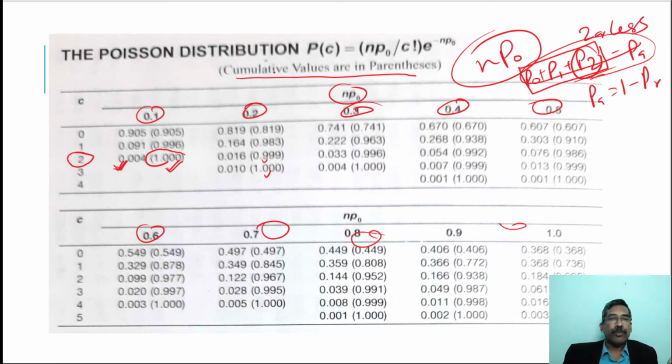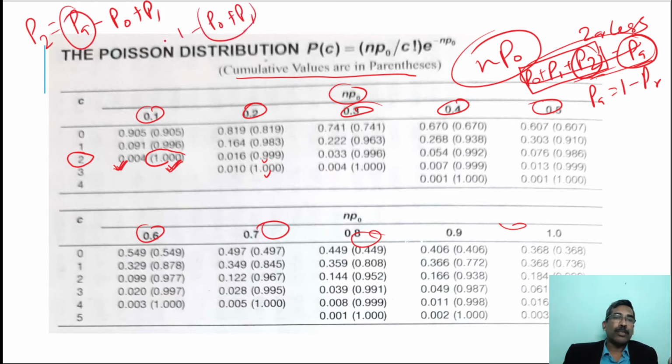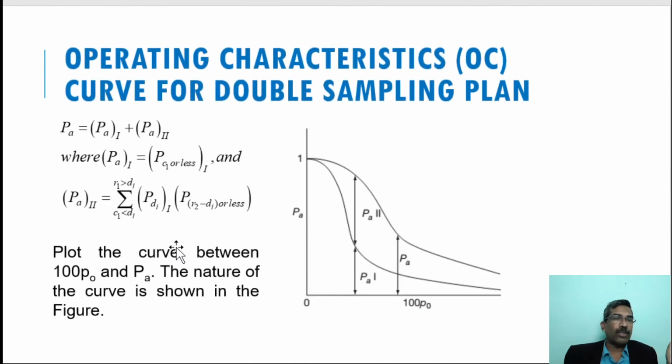Now this is the difference. This PA is the cumulative value if it is the bracket term value, and if we want to find exactly 2, then we can write this PA minus P0 plus P1. That means if PA is equal to 1, then we can write 1 minus P0 plus P1. So the PA value is taken from this bracket term. This is the cumulative value, and in this way we can take the help of the Poisson distribution table.